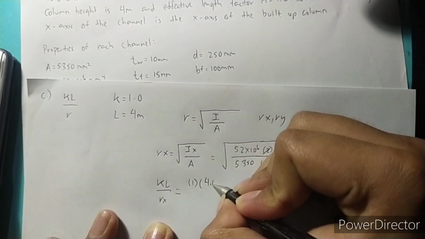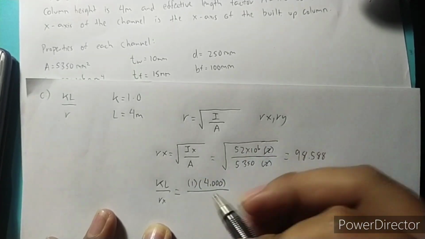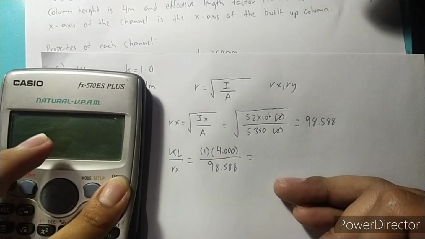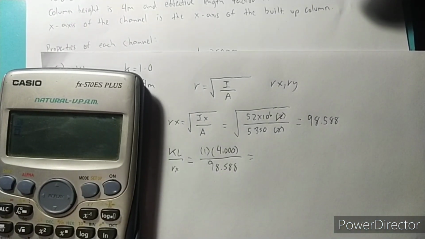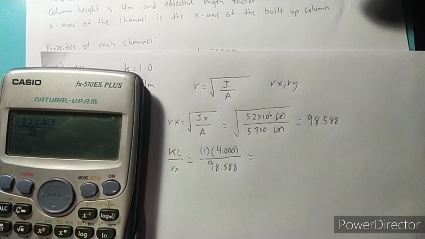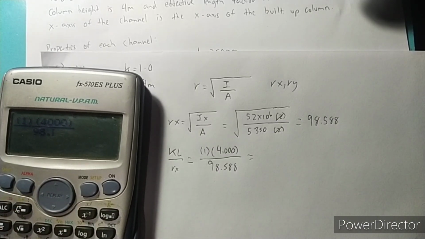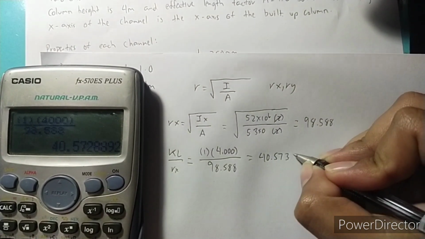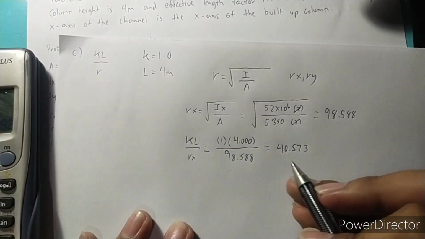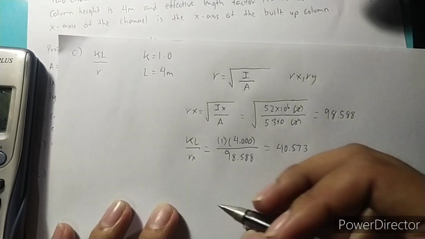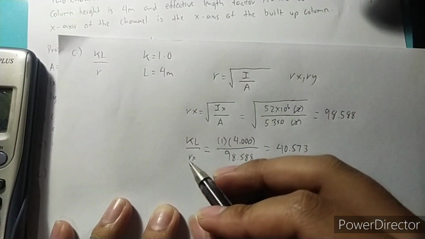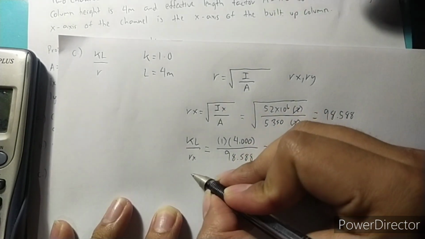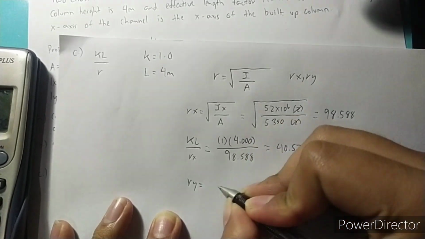May natin 4,000 na. 4,000 over rx natin na 98.58. So, sagot natin is 40.58. So, ito is just with respect sa x-axis. So, yan na si KL over r with respect to x. So, dito naman tayo sa ry.